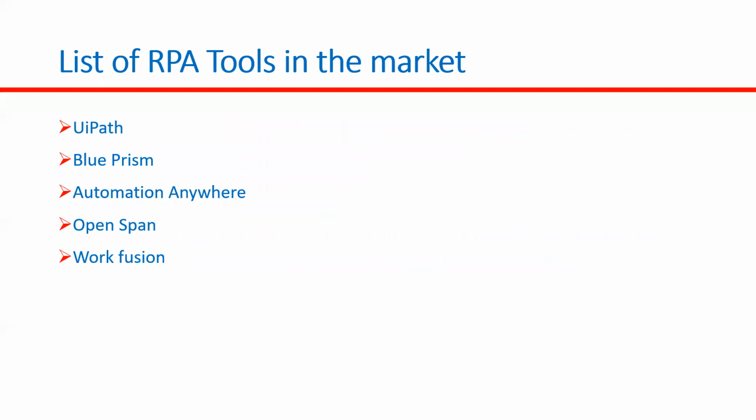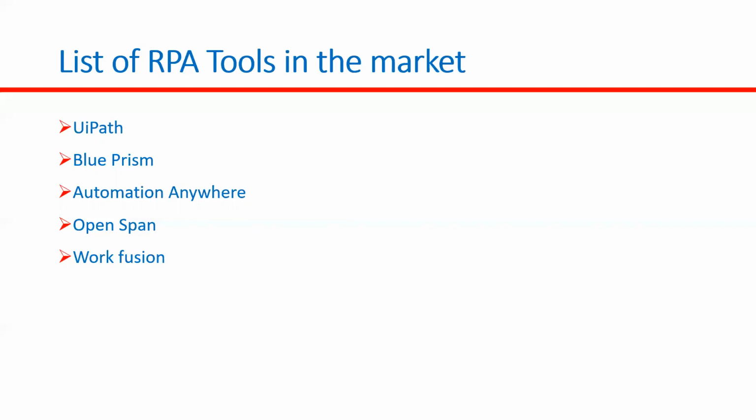When we talk about RPA tools, there are a lot of RPA tools in the market. Of those, the leading RPA tools are UiPath, Blue Prism, Automation Anywhere, OpenSpan, and WorkFusion. All these are RPA automation tools we can use for our day-to-day business process development, of which UiPath is the number one RPA tool, and each and every day it comes up with new technologies.